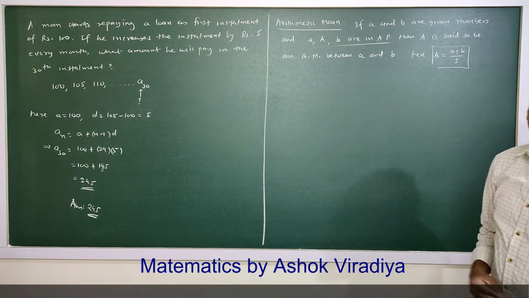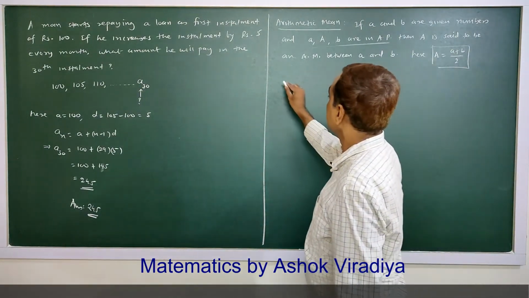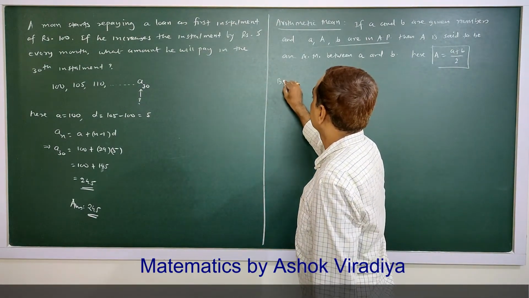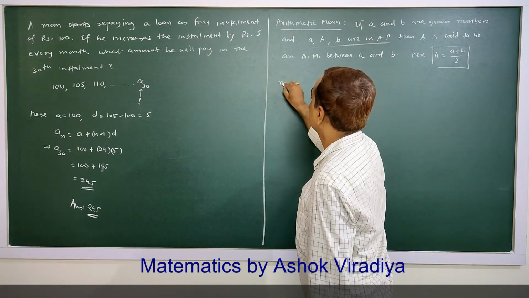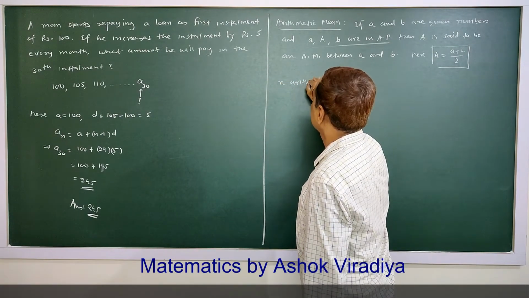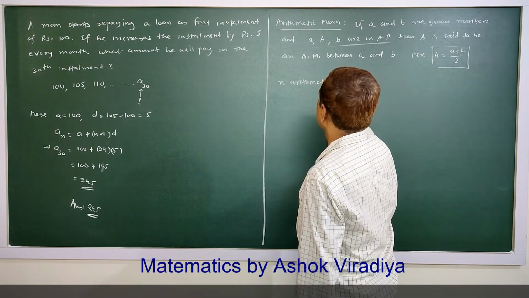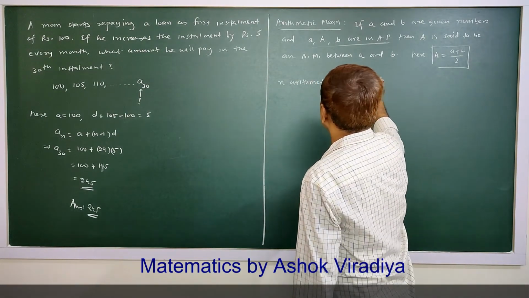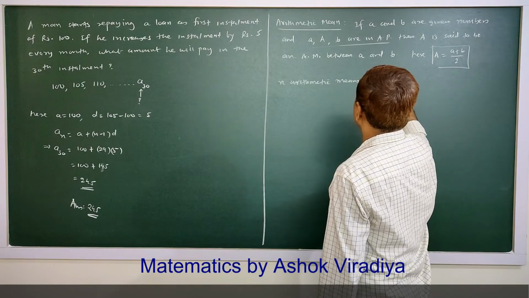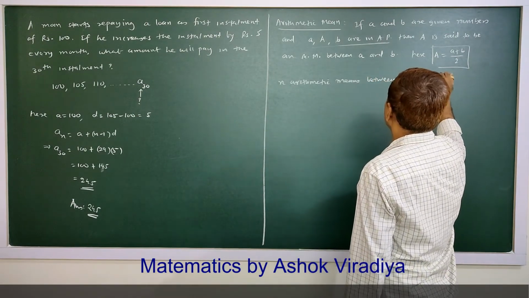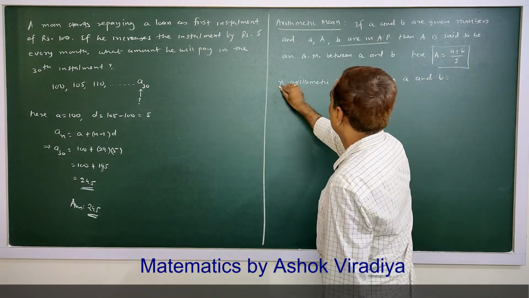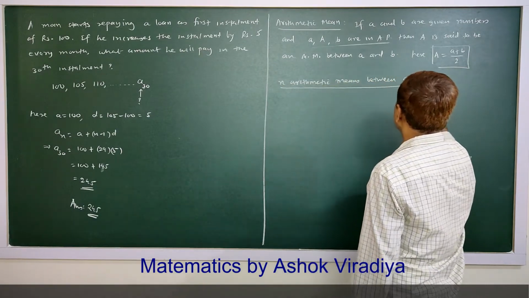We can calculate n arithmetic means between A and B. How to find n arithmetic means between A and B?